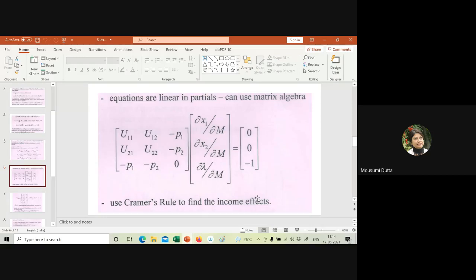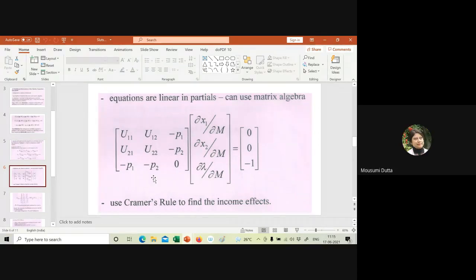Why am I writing this in this format? Because the first term, are you familiar with this first matrix? What is it? Coefficients.